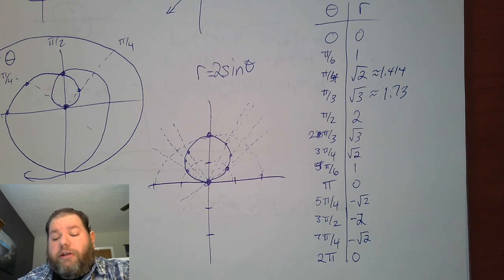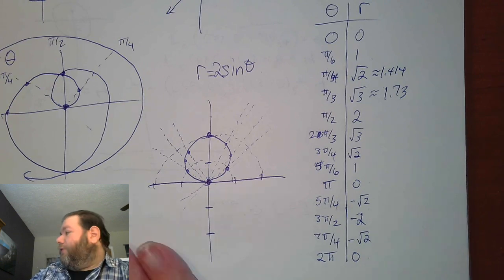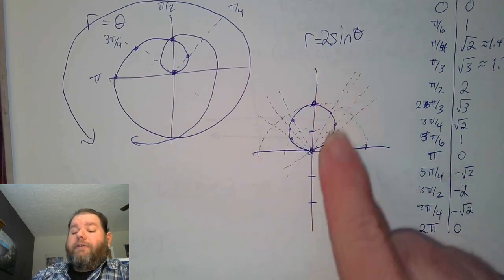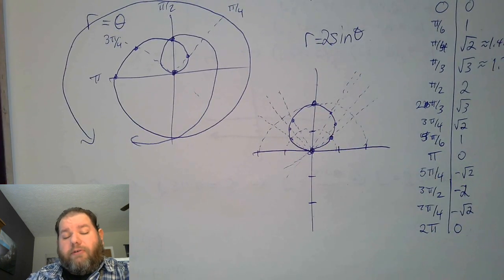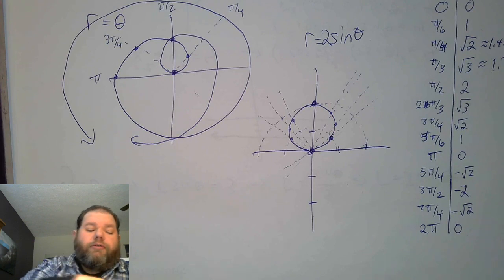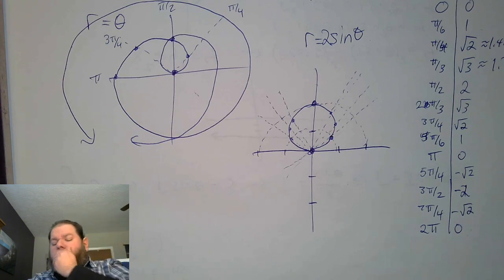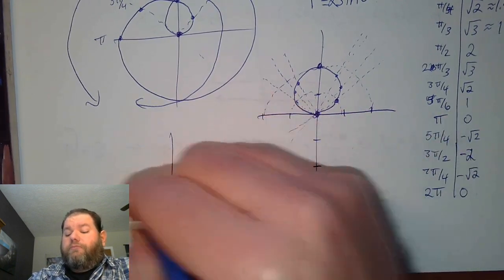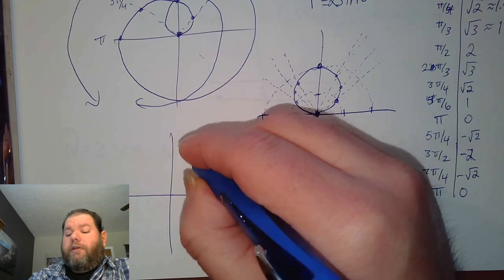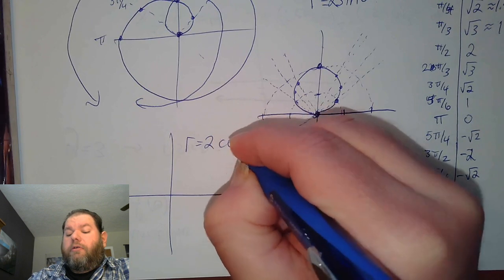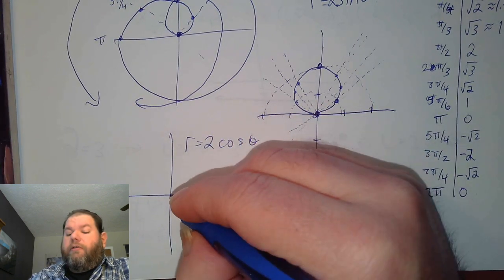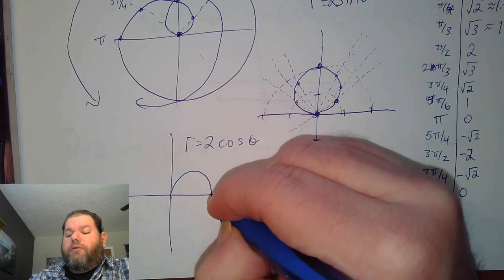Similar issue there. Now, what if we wanted to graph 2 cosine of theta? What does 2 cosine of theta look like? Well, if 2 sine of theta is a circle, then you can bet 2 cosine of theta is also a circle. But it's oriented differently, because 2 cosine theta would now be to the right of the origin.